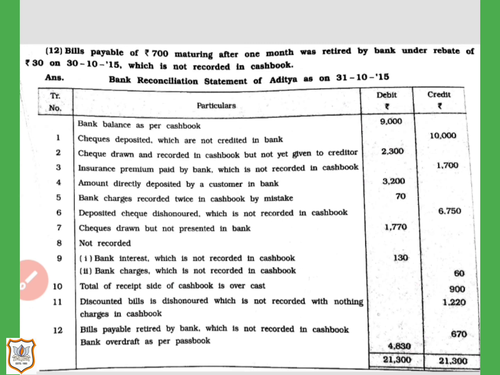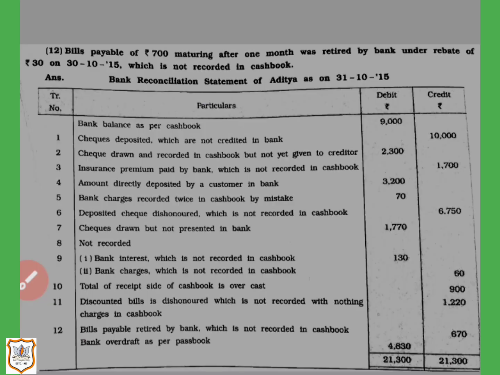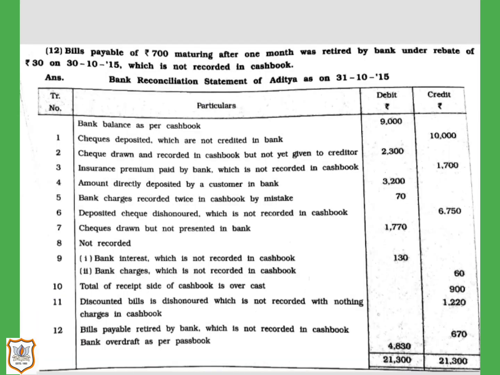Now here, as we have written the amounts for causes of difference, the two columns will be totaled up. Here, the total of the credit side is more, that is rupees 21,300, so it will be written on both sides. And here, obviously, the difference will arise on the debit side, that is rupees 4,830.